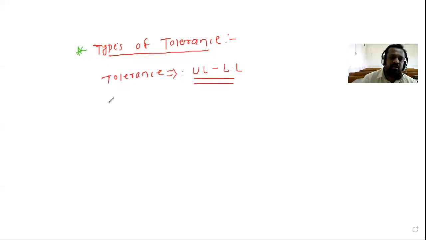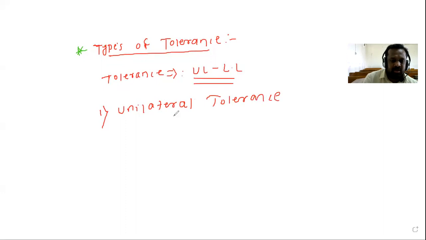That tolerance has two types. The first is called unilateral tolerance, and the second type is the bilateral tolerance.